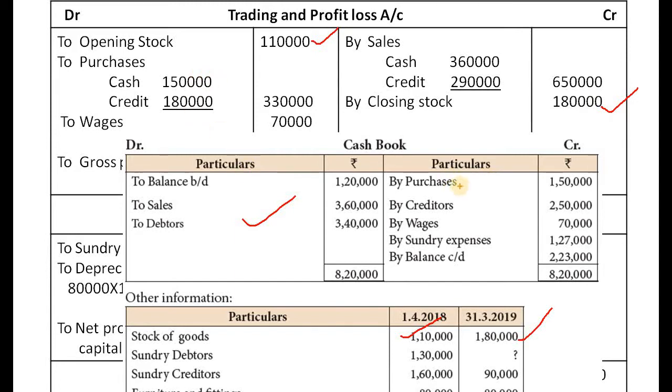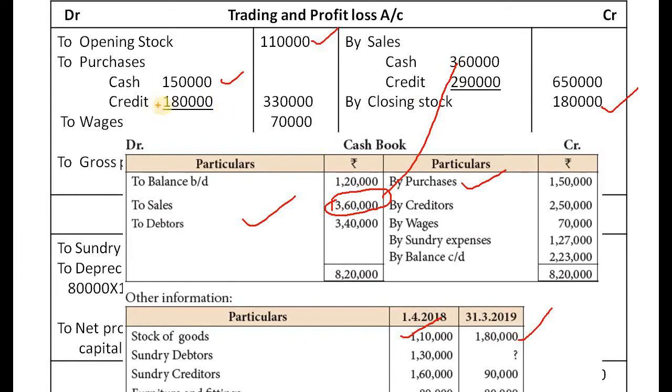And cash purchases that we pick up from the cash book are entered on the debit side of the trading account. And cash sales 3,60,000 we also pick up from the cash book. On the debit side of the cash book we have details regarding the cash sales, 3,60,000, that is going here.